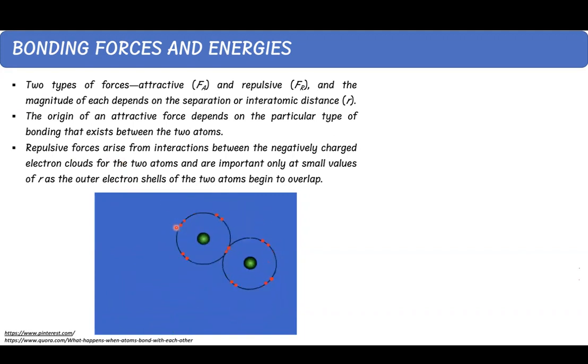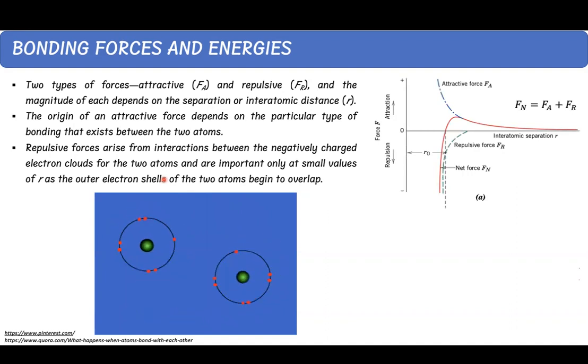When the two atoms get closer and closer, the electron clouds of the two atoms overlap. In this case, a repulsive force forms between the two atoms, because the two electron clouds are negatively charged and they repel each other.